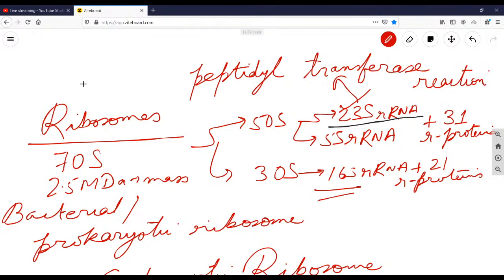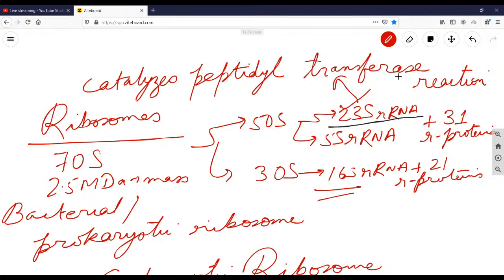When it catalyzes as a biocatalyst, the peptidyl transferase reaction means the formation of a peptide bond between two amino acids in the formation of protein. You know that proteins are made up of amino acids. The bond between two amino acids is known as the peptide bond, and that peptide bond synthesis is catalyzed by the 23S rRNA.